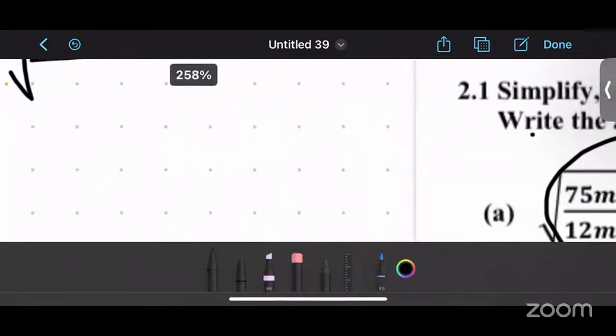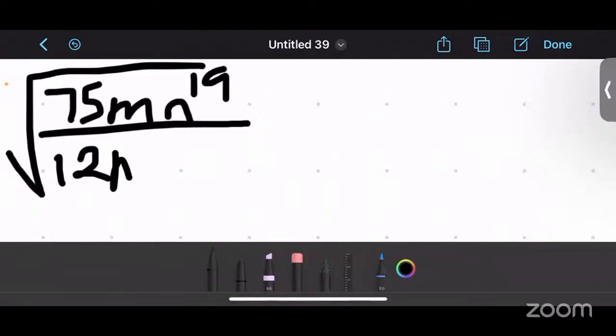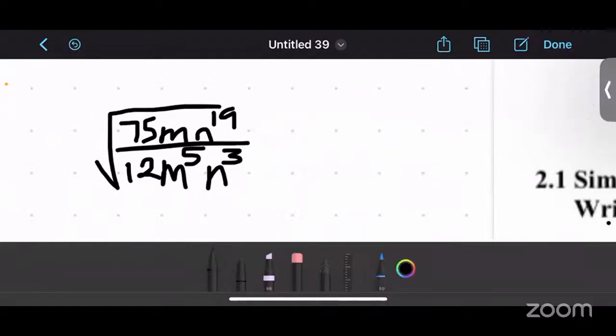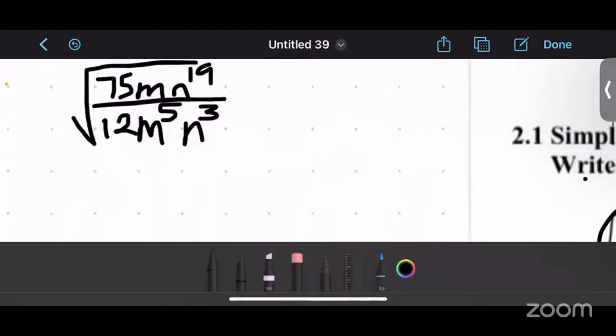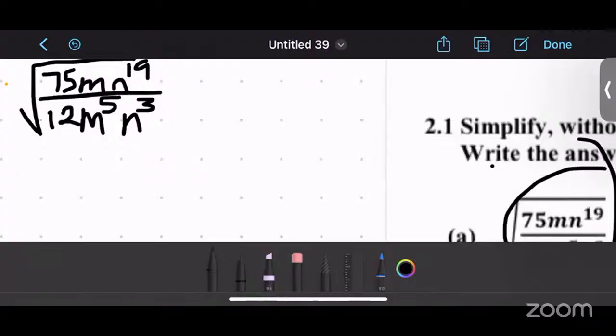The expression is the square root of 75 m n to the power of 19 over 12 m to the power of 5 n to the power of 3. So we're going to simplify it, making sure it's in its simplest form so that we can no longer simplify it.